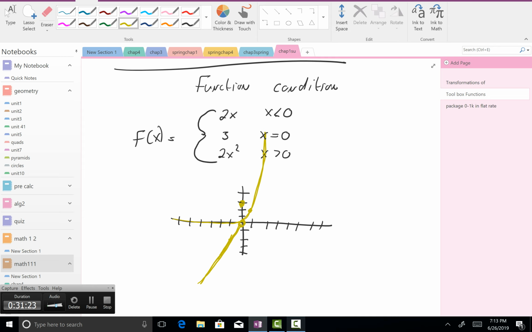They want you to find the domain, locate intercepts, graph them, find the range, say if it's continuous.